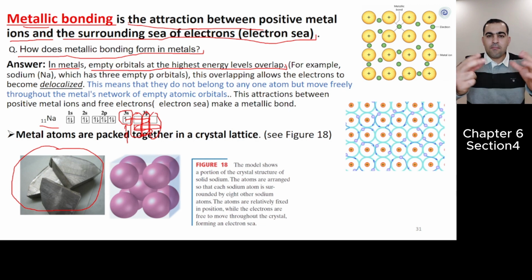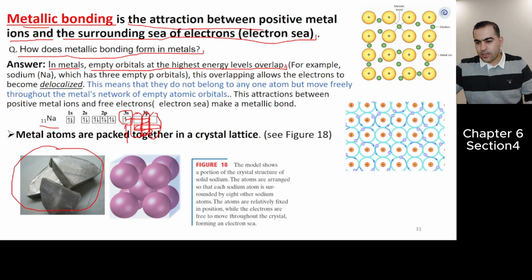To the empty orbitals. And the electrons move freely throughout these empty orbitals, the 3p empty orbitals. Now we can say sodium atoms become positive. They become cations, isn't it? Because their last electron, their valence electron, has become delocalized. What does delocalized mean? It means the electrons do not belong to any atom.